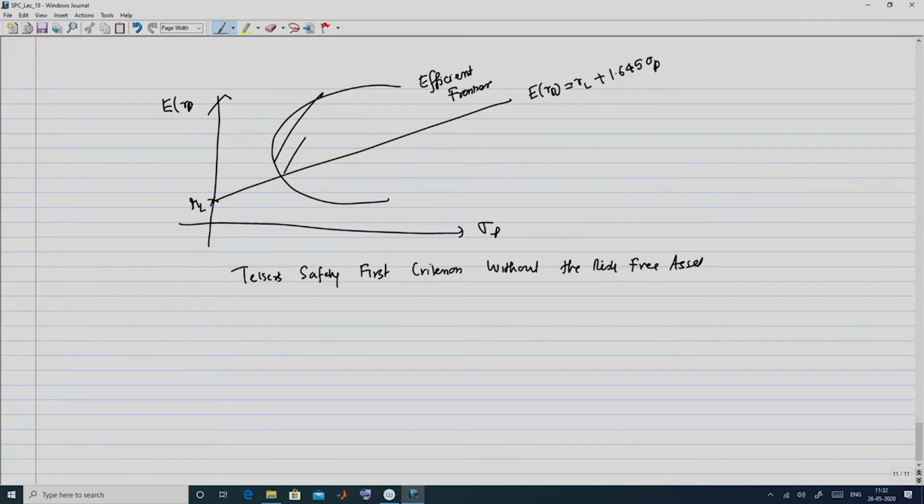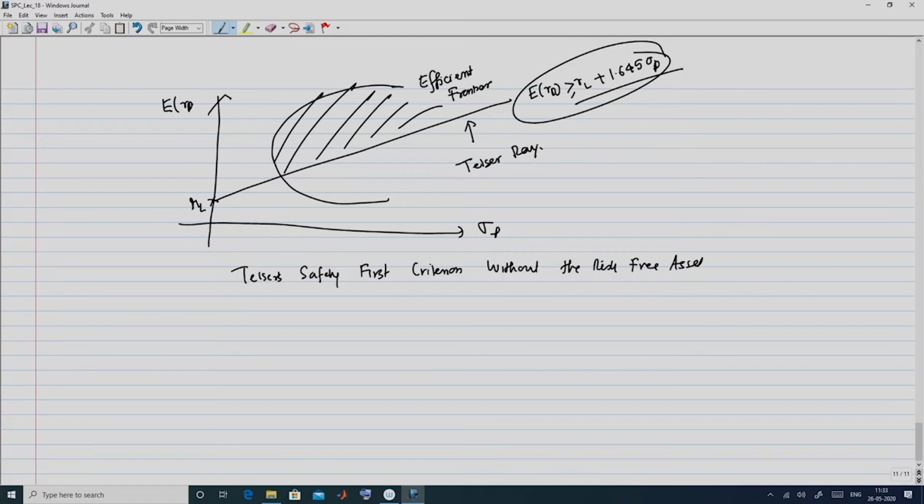This region is the region where ERP is going to be greater than or equal to RL plus 1.645 sigma p. And on the top I have the efficient frontier, and this line is what is known as the Telser ray.